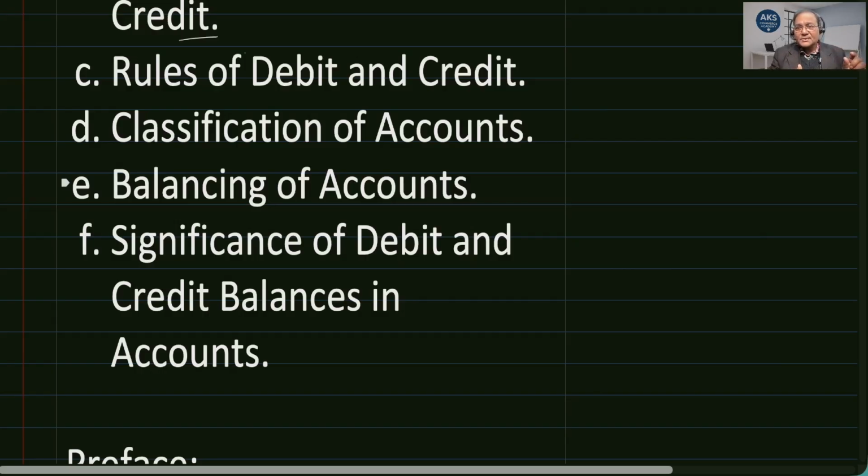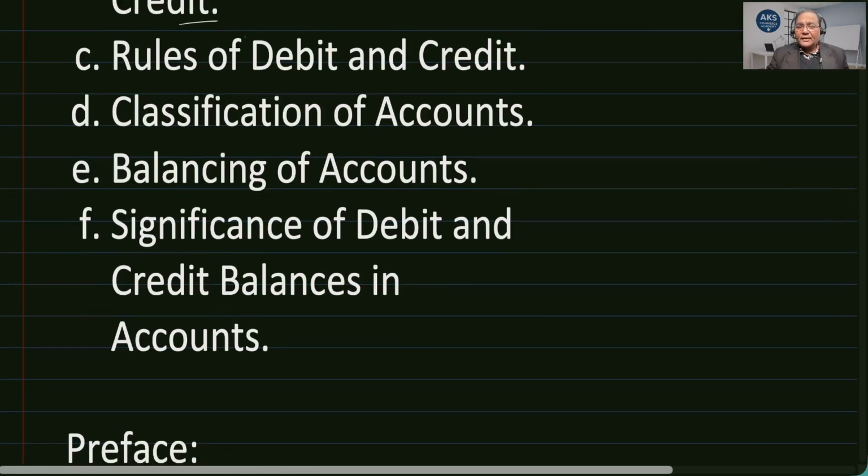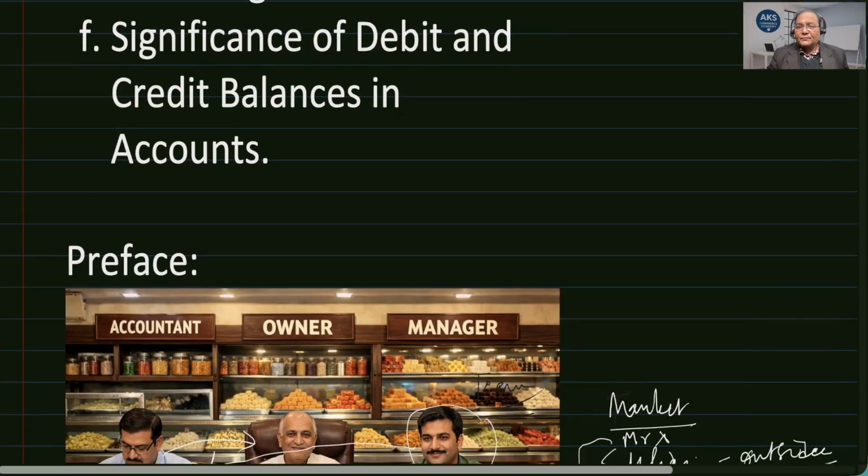Credit balances appearing are liabilities of the business, which is the amount to be paid by the business to the outsider. So liabilities always show a credit balance, assets always show a debit balance, expenses always show a debit balance, and income always shows credit.